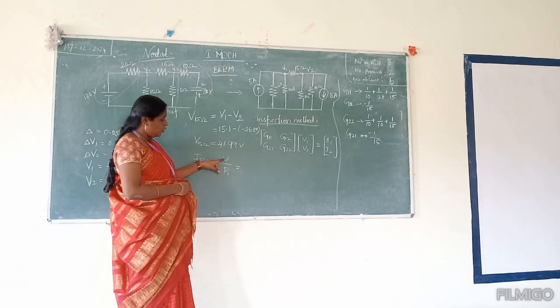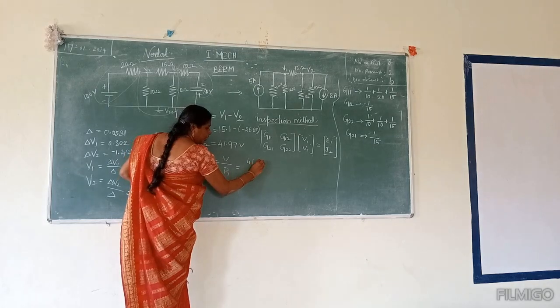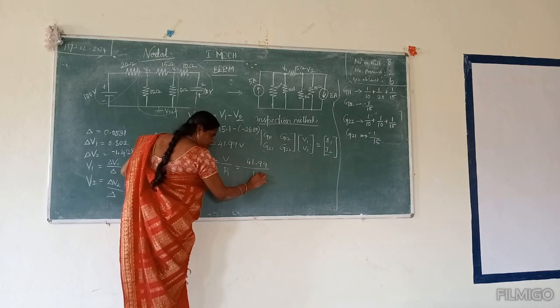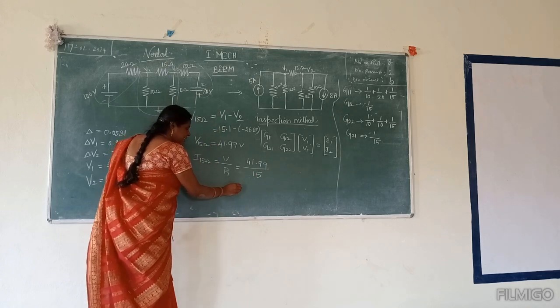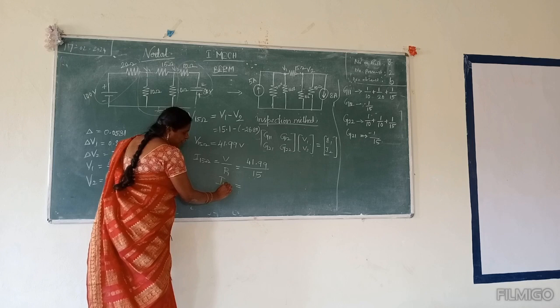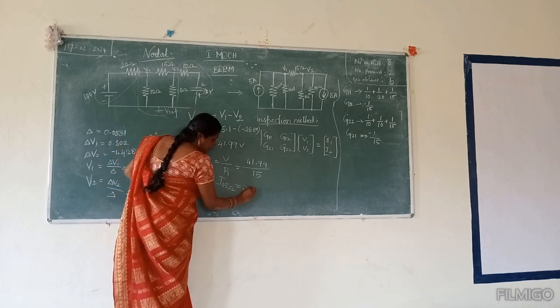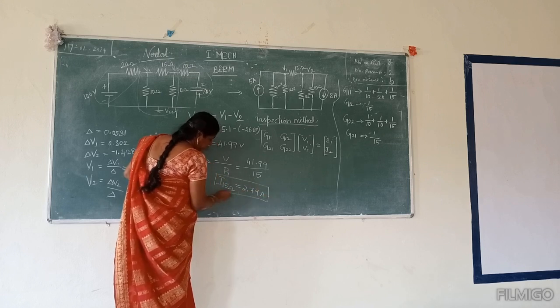Current is what? Voltage by resistor. The voltage across 50 ohms is 41.99. What is the resistor value? 50 ohms. We need to find out the current across the 50 ohms resistor. So this is the current across the 50 ohms resistor: 2.79 ampere. When you are writing current, the unit is ampere.